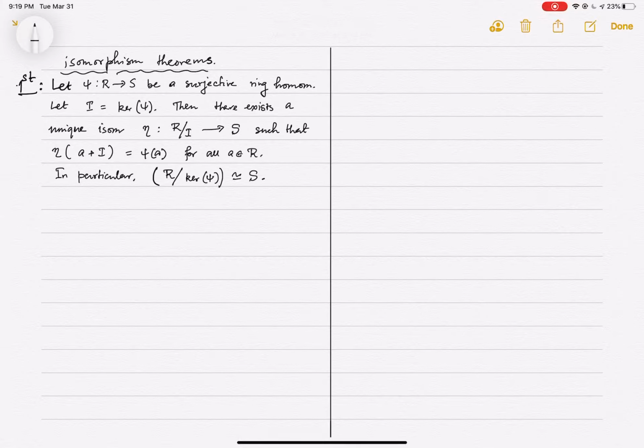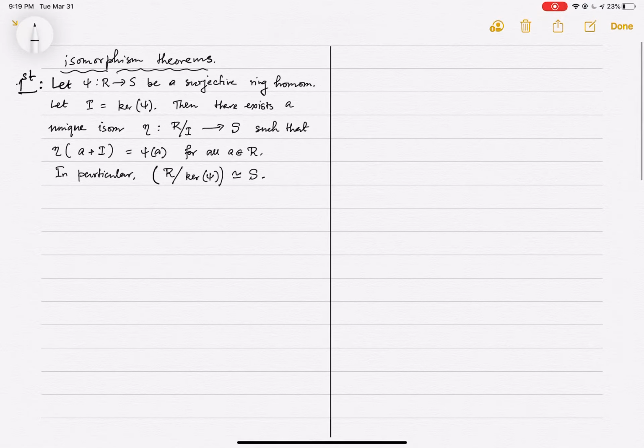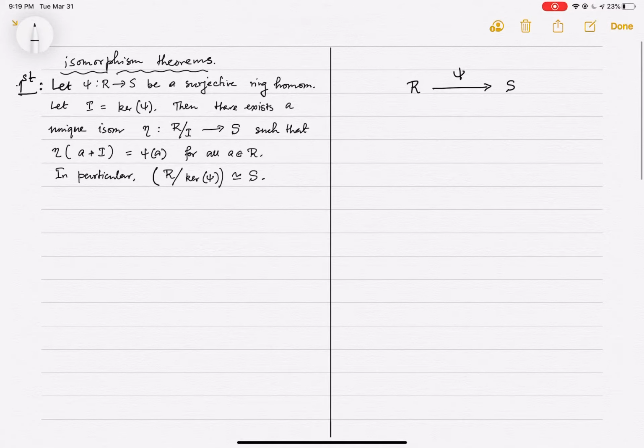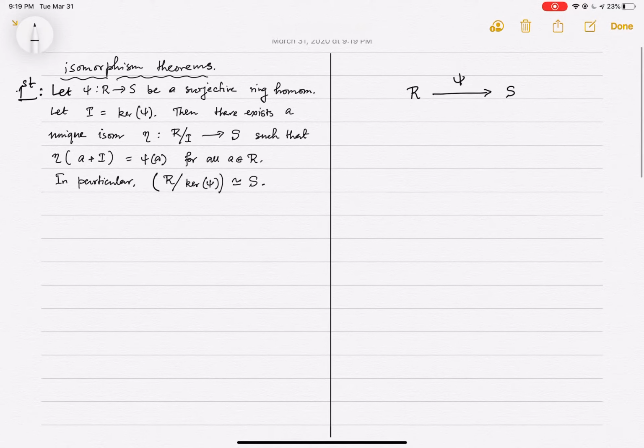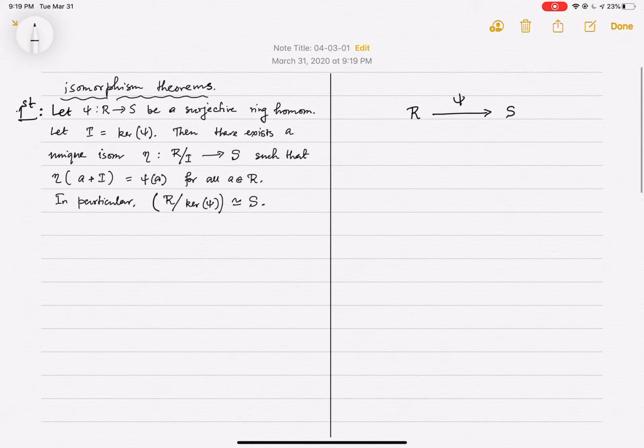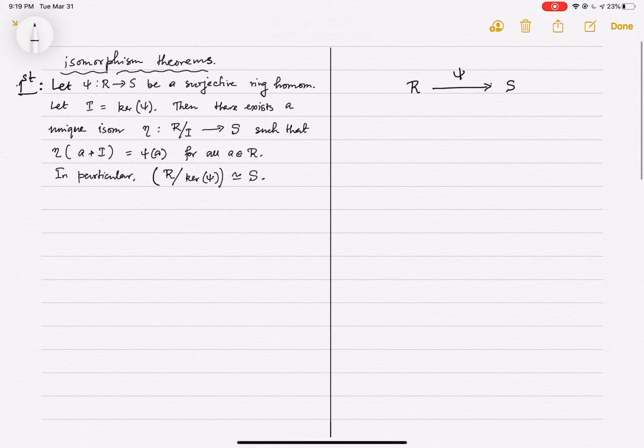Let me remind you what this first isomorphism theorem said in a picture. So R and S are rings, and let's say psi is a surjective ring homomorphism. Surjective, meaning onto maps, are often denoted by putting two arrows. Okay, so the double arrow means that psi is surjective.